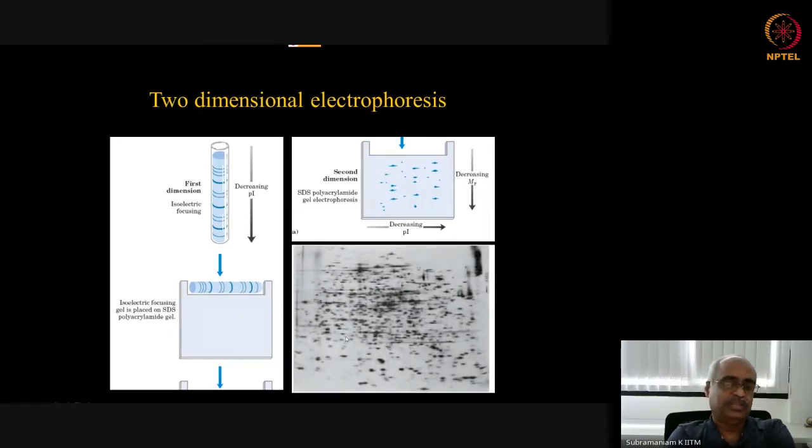Doing this kind of thing is the bedrock of a modern approach called proteomics, where you study all proteins of a particular cell or an organism in one go. Like genomics, it is proteomics. So this two-dimensional electrophoresis is one of the really powerful techniques of proteomics.